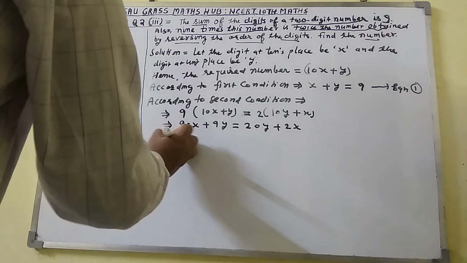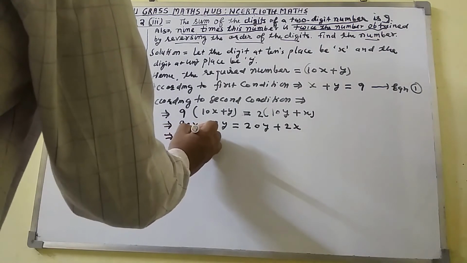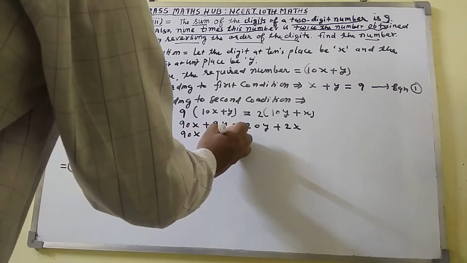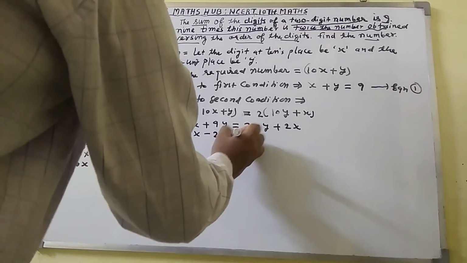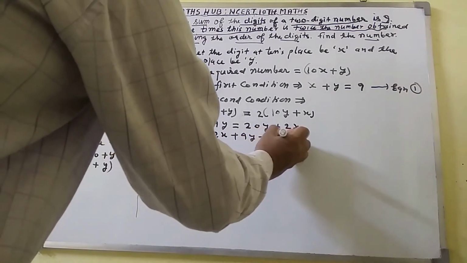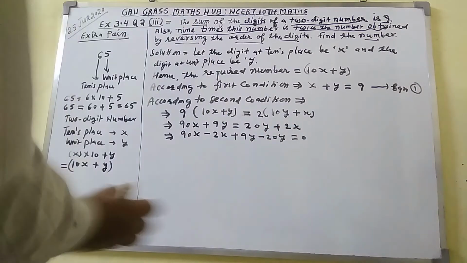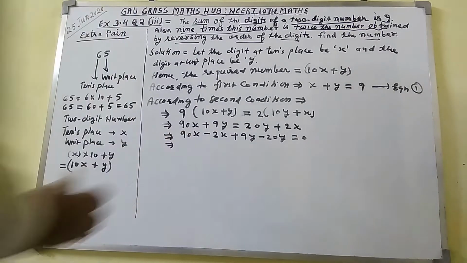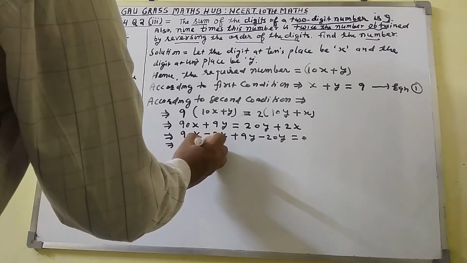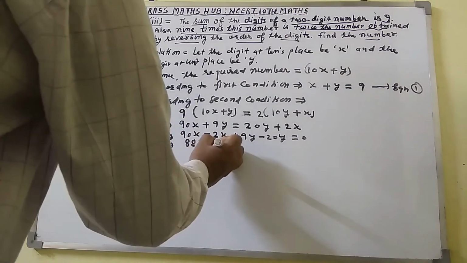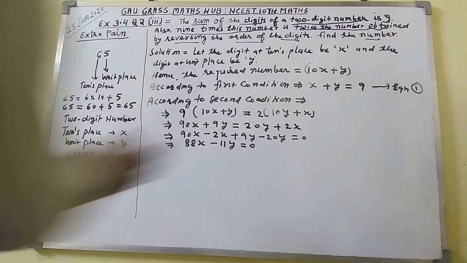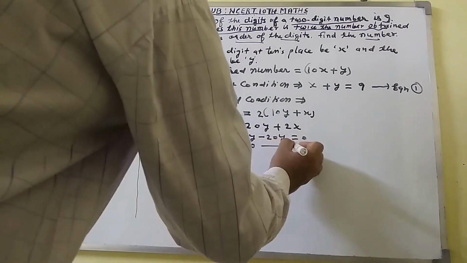Now implies that 90x minus 2x plus 9y minus 20y equal to 0. Now it will become 88x minus 11y equal to 0. This will become equation number 2.